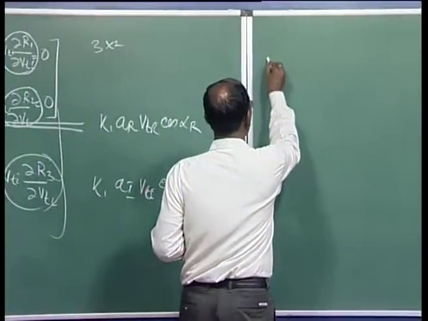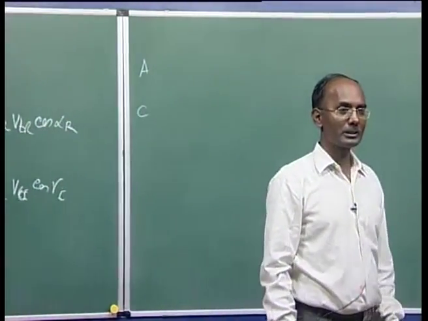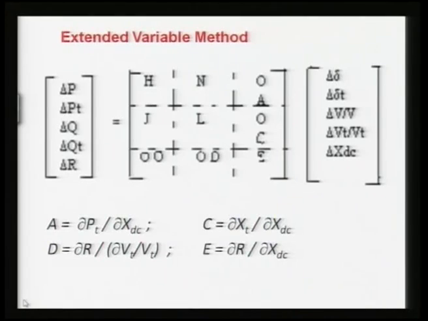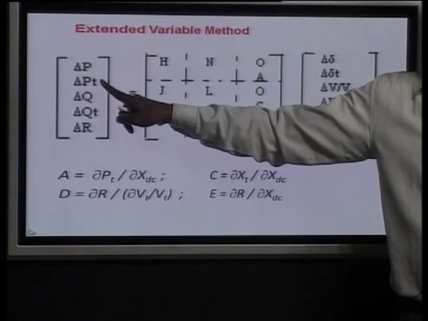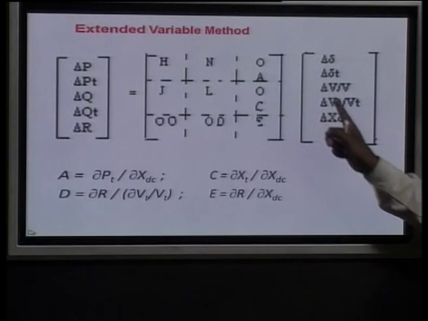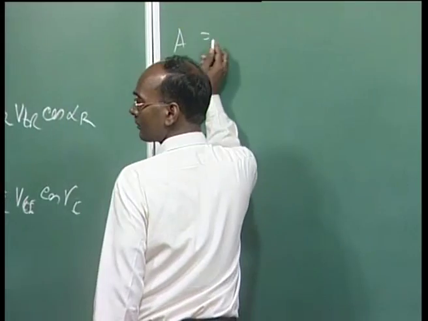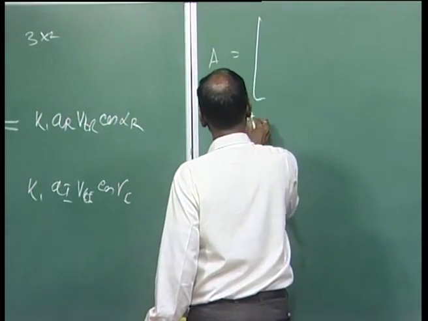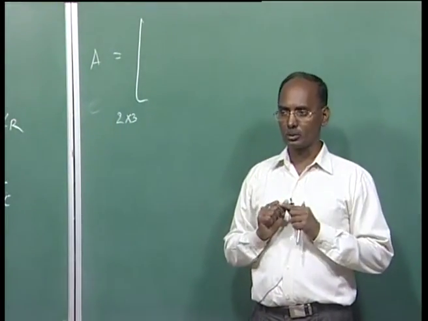The only problem here is if you are calculating this A and C, because in the A and C it is not R1, R2, R3. You see the matrix here, this A is corresponding to the real power of the terminals of the HVDC, derivative of XDC. Even though we have defined it already in this one, I can write this will be a 2 cross 3 matrix, because the PTR and the PTI are the 2 rows here.